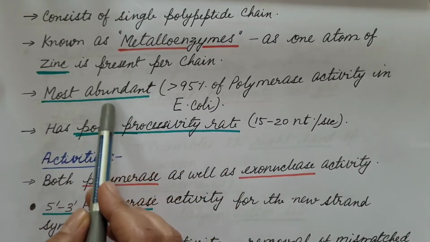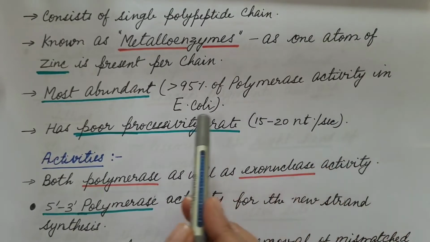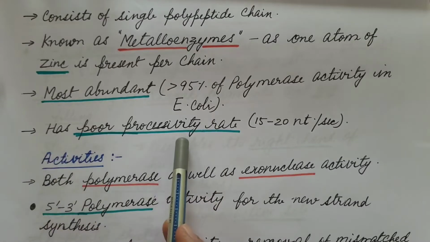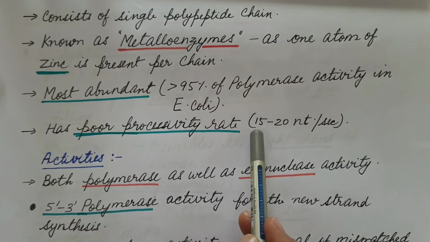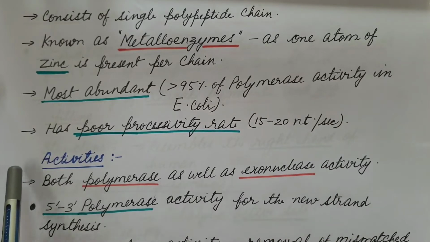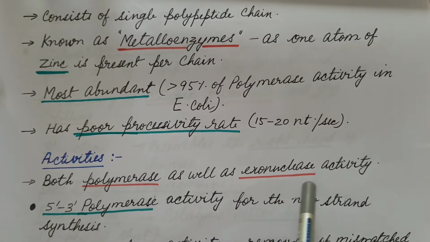It is most abundant. Greater than 95% of polymerase activity in E. coli is of DNA polymerase 1. It has a poor processivity rate. It adds 15 to 20 nucleotides per second. Now the activities of DNA polymerase 1. It has both polymerase as well as exonuclease activity.